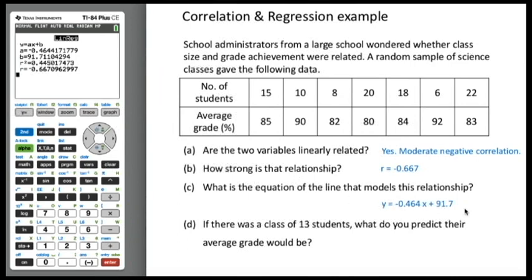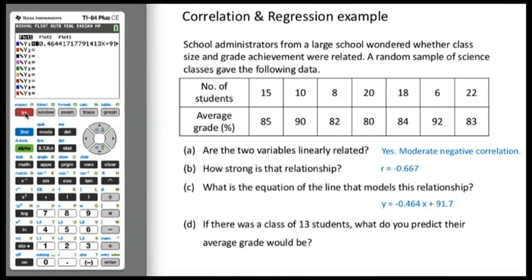So there's our relationship. You'll remember a few seconds ago I stored it in Y1. So I stored this equation with all the decimal places, which is what I've just written down here: negative 0.464x plus 91.7. So now when I hit graph, it puts the line in.